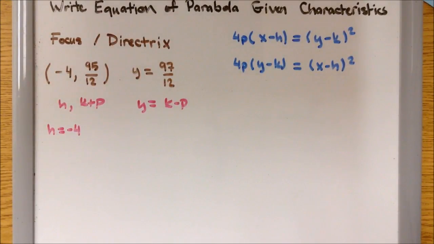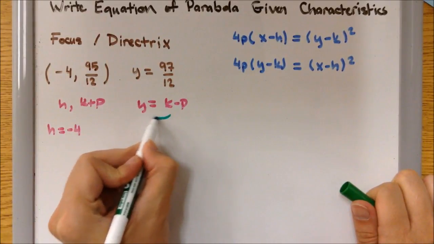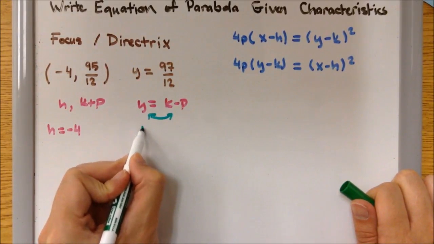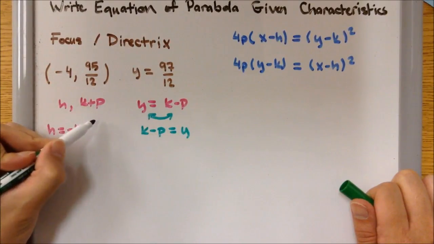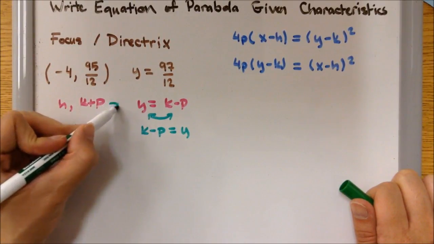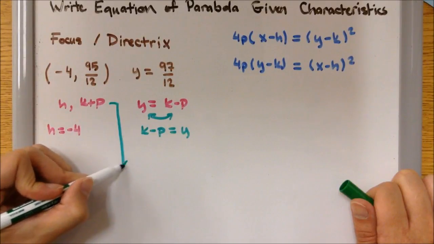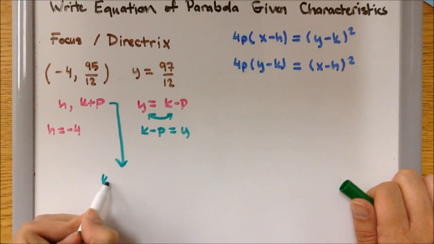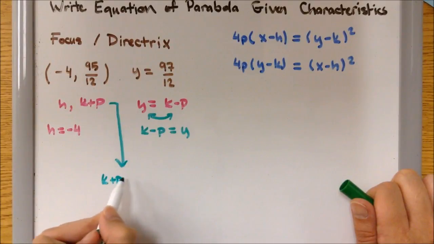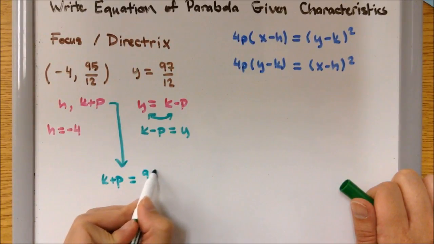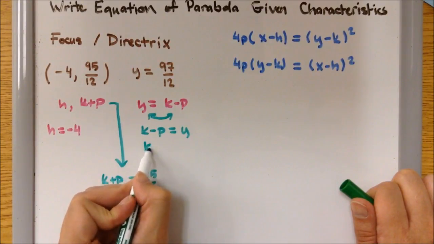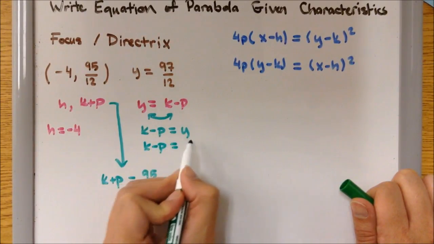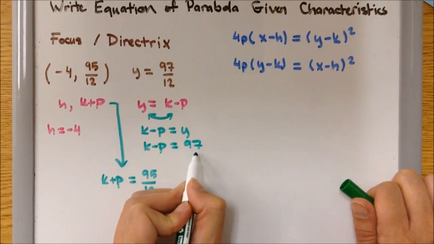Alright, so from there, I'm going to flip this. So it's going to be k minus p equal to y. And then here, I'm going to bring down k plus p, which will equal 95 over 12, and over here k minus p will equal 97 over 12.